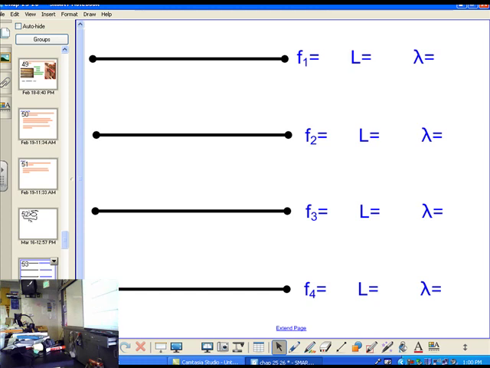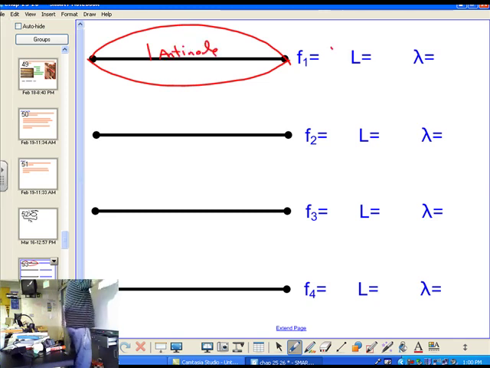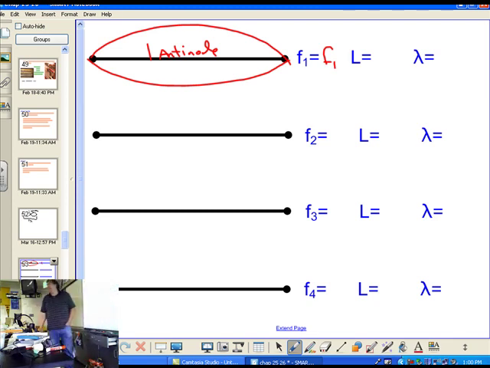One. We're going to start with one antinode because we have two nodes. And that would be F1, the fundamental.